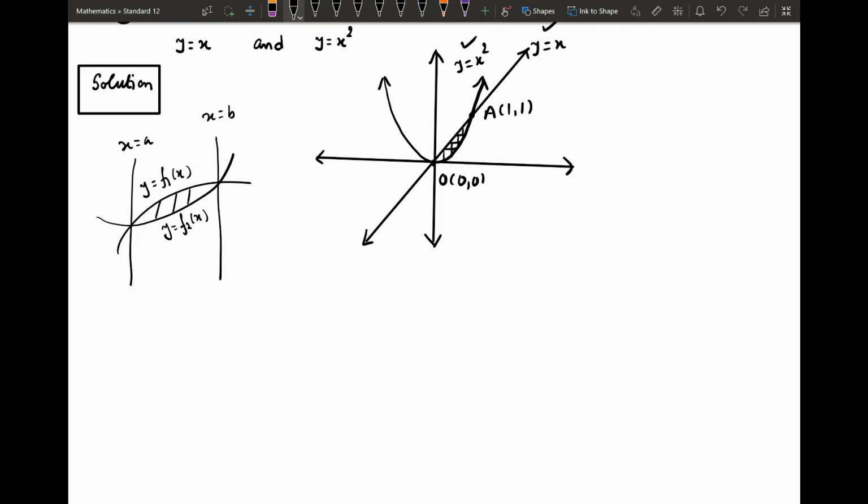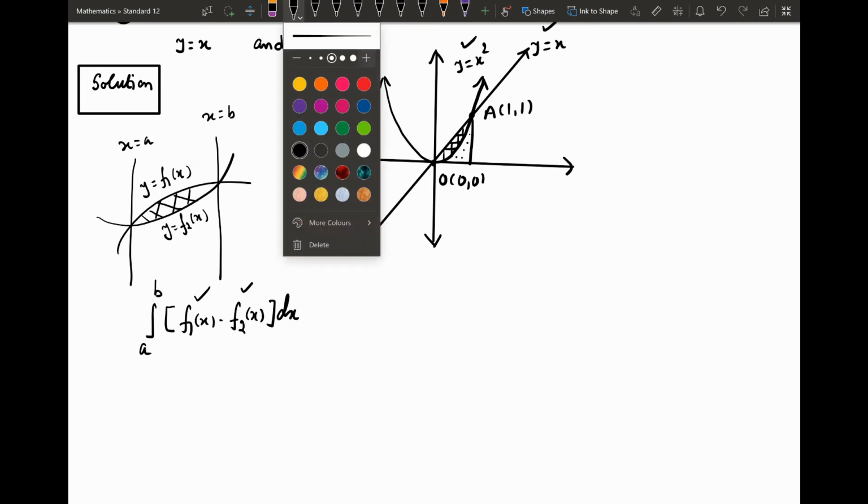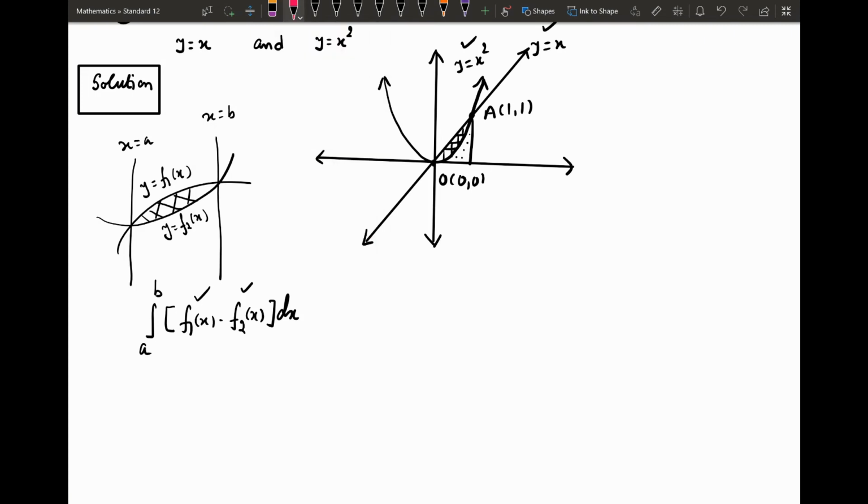Then the area of this portion is given by the formula integral from a to b of f1(x) minus f2(x) dx. When we use f1(x) first, we get the entire area, and minus f2(x) means we subtract this portion. So the remaining will be the portion which is the intersection of these two curves.